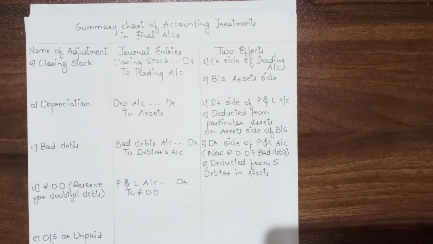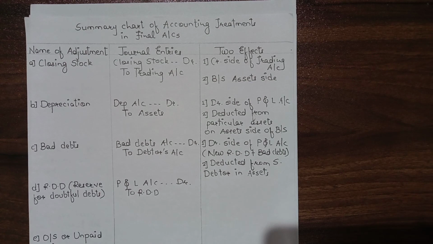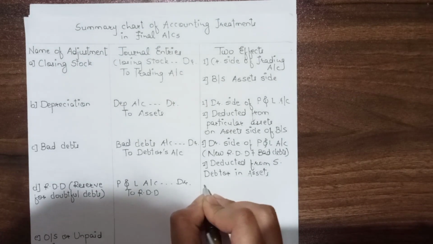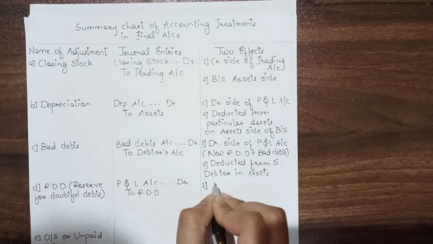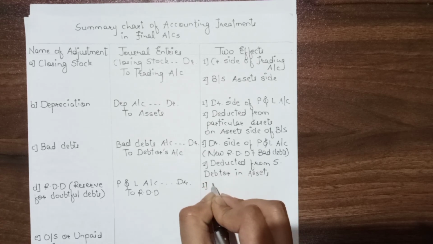Okay, so this is the journal entry for that. And two effects: firstly it will be in the debit side of profit and loss account, and second, it will be deducted from sundry debtors in the asset side, as I have told you in bad debts. Same. So I'll write here the first effect, that is debit side of profit and loss account.